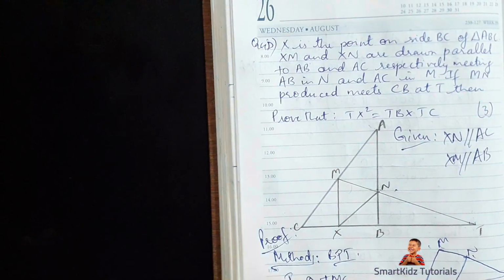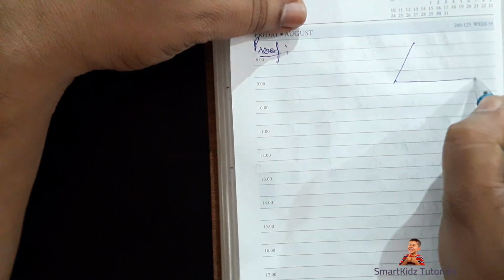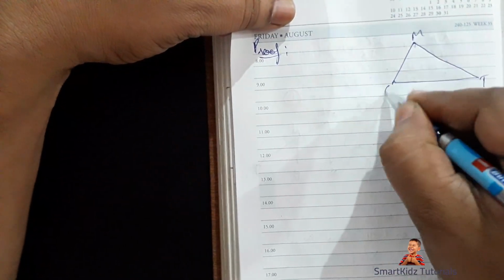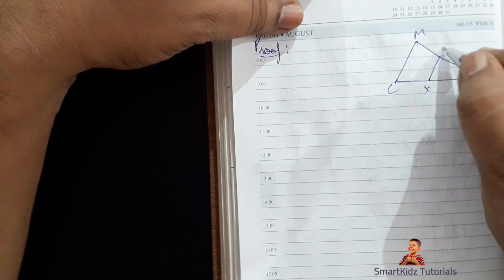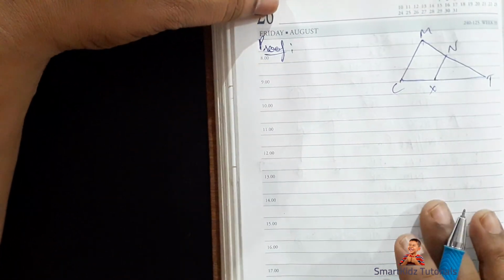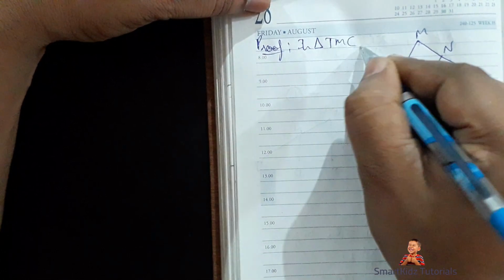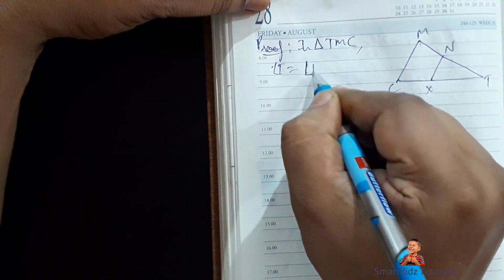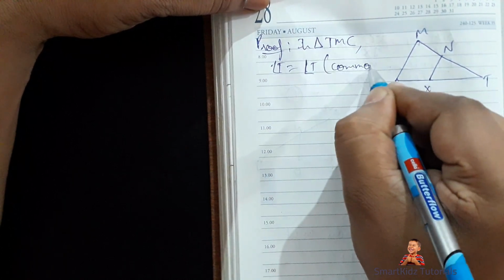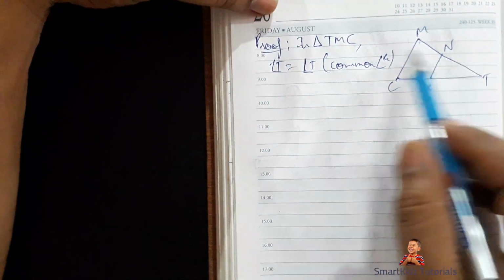I'll draw the diagrams once again over here, so it makes it easier for you. This is triangle TMC. And you have this parallel X and L, X parallel to L. Sorry, not in triangle TMC.